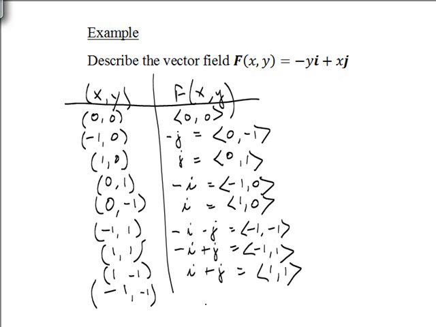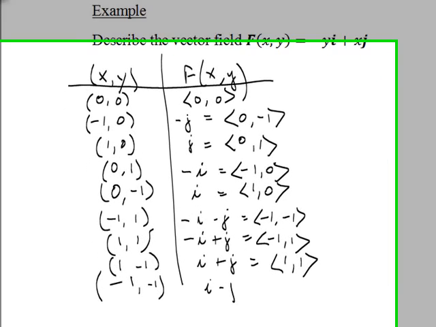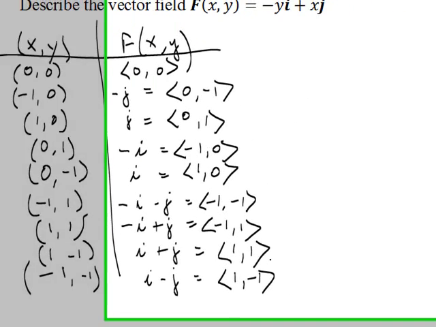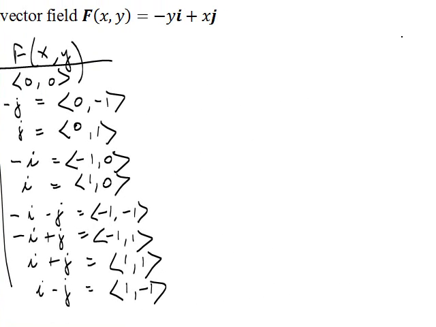And negative 1, negative 1 is i minus j, which is 1, negative 1. Okay? So that's all that I'm going to do, and then we'll see if we can see a little pattern. So draw up your axes.